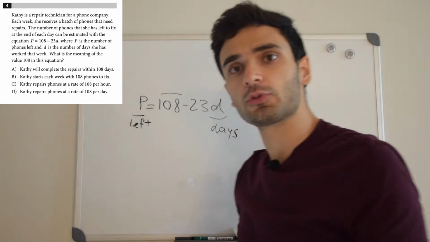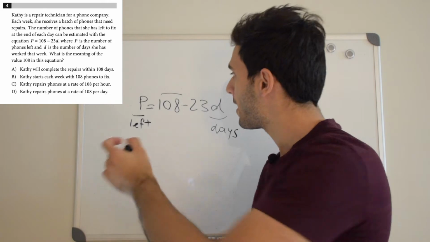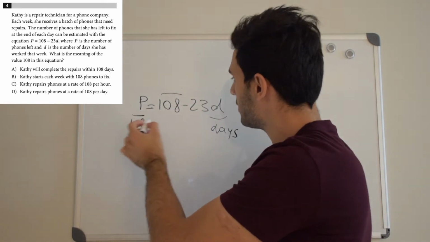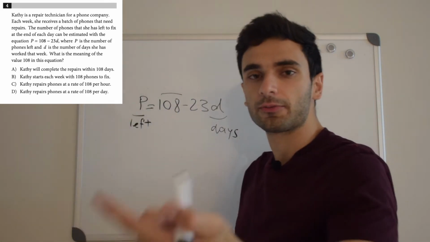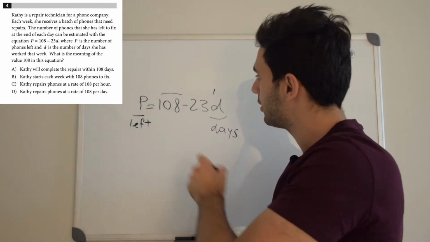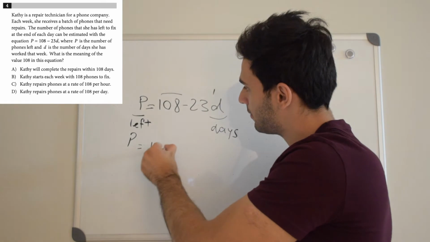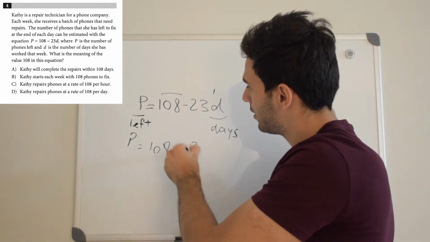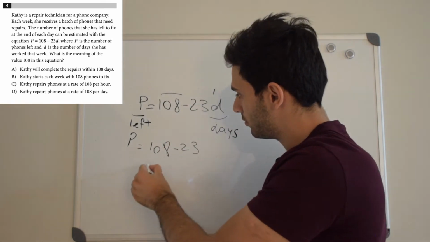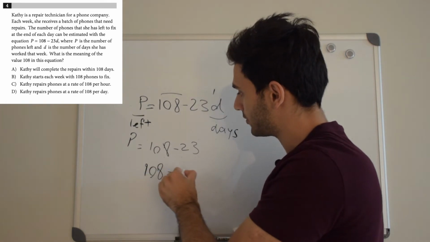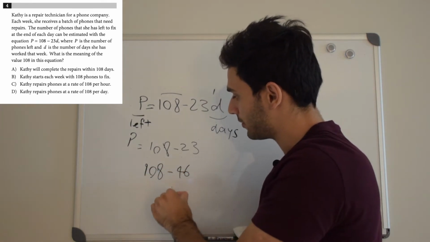Okay, so if she starts at the beginning of the week, after the first day she will be left with how many? 108 minus 23. Day 2, she will be left with 108 minus 46, and so on.